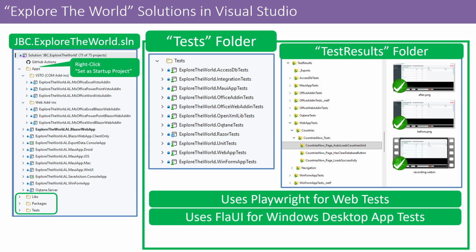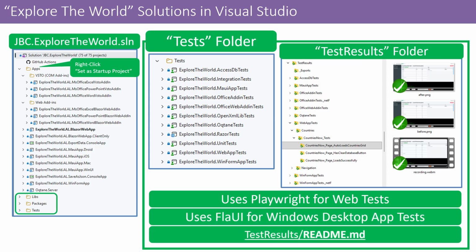It uses Playwright for the web test itself, uses FlaUI for automating the Windows desktop tests, and the README inside of the test results is pretty explicit on what's available for these different tests. I don't put the test results in source control. I probably should, but I don't at the moment.